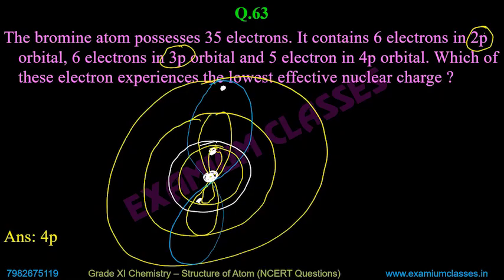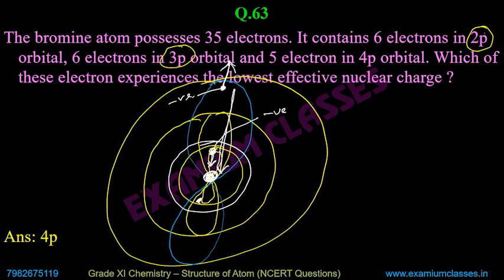So it creates hindrance, first of all. Second is that this is negative. This is also negative. So these two electrons will repel each other due to the same charge. If they repel, the force will be on the outward side. It means the effective attraction force will decrease.